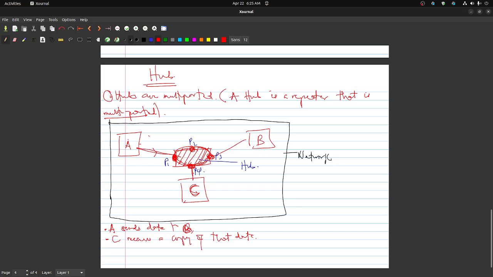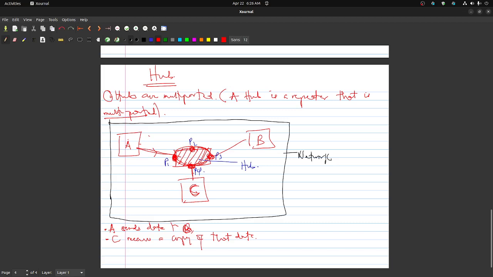Let's say you have 10 computers connected to a hub. One computer is sending data to computer B on that network. That means 8 computers will receive data they are not supposed to receive because you're using a hub. So this is a downside of hubs.